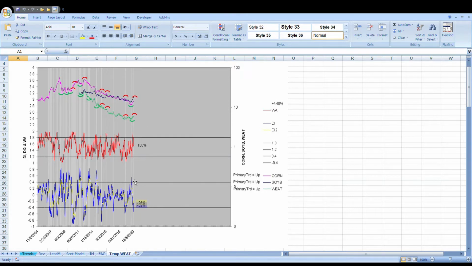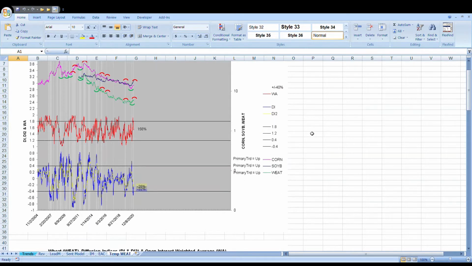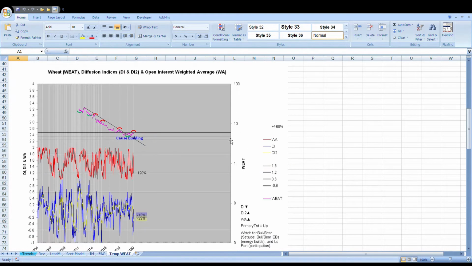Now that bullish build has been replaced by a bearish build, and this creates a blocking dome over price because the primary trend is up, and that's probably what's slowing all three of the grain markets down, including wheat. And wheat is probably the more sluggish of the three.